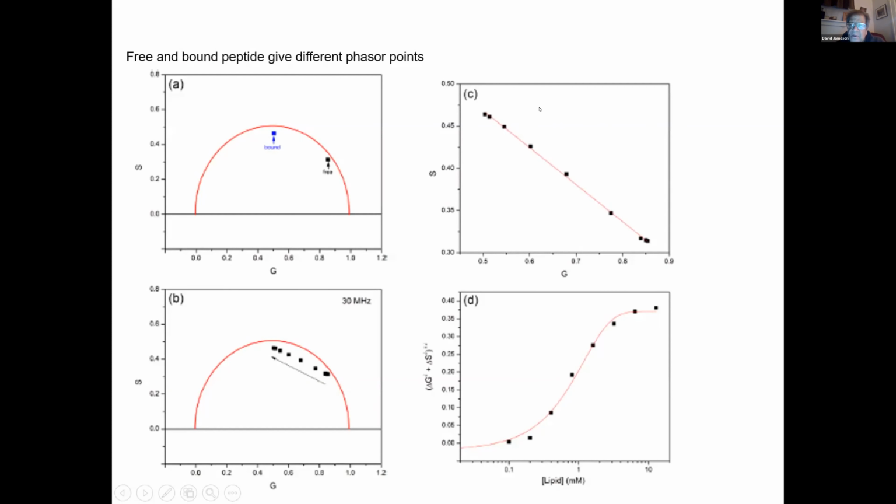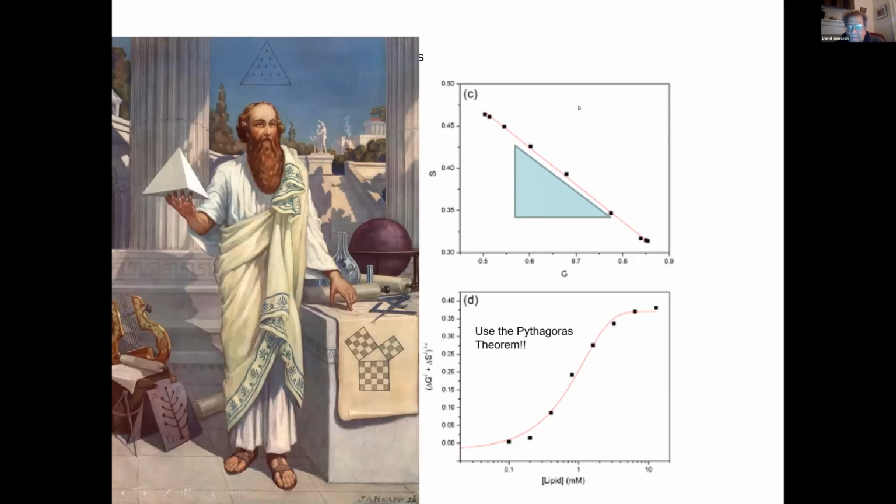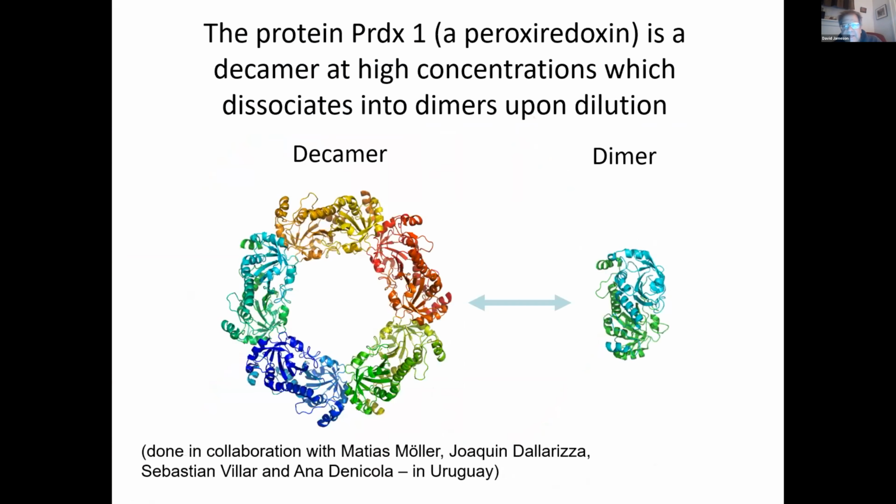So I said, how do you analyze this for a binding curve? Well, of course, you look at the Pythagorean theorem. You look at the diagonal. And when you apply that and plot using the Pythagorean theorem, you get a beautiful binding isotherm. Again, all from these phasor points moving. And again, we don't care how complex they are.